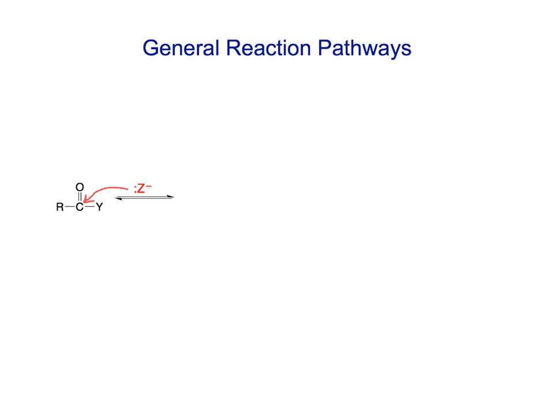So where is it going to give them up? It's first going to give them up to the oxygen. Okay? And we could draw this as well, right? The resonance had a minus on the oxygen, plus on the carbon, so that Z group could come into the plus end and would still have the minus up on the oxygen. All right, so this is going to give us an intermediate that looks like this.